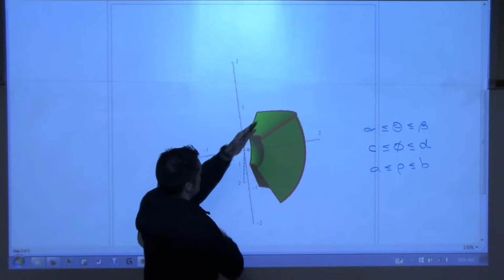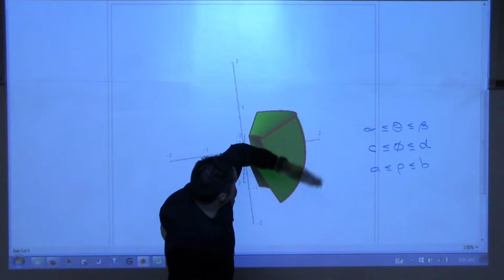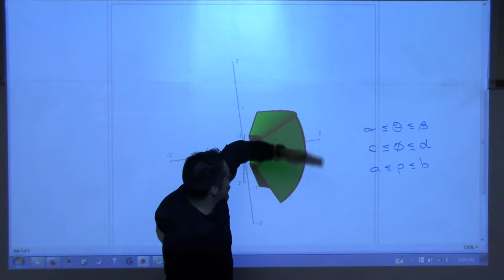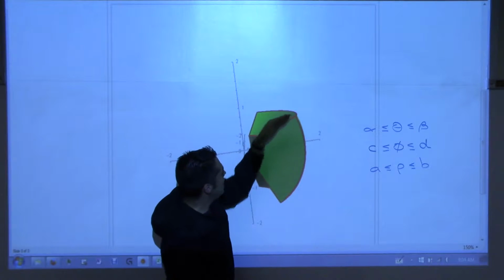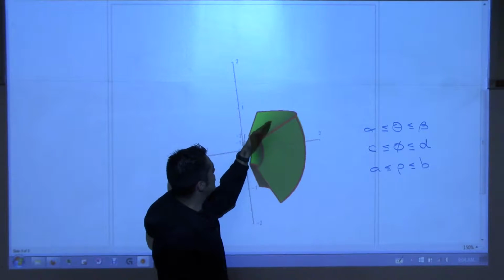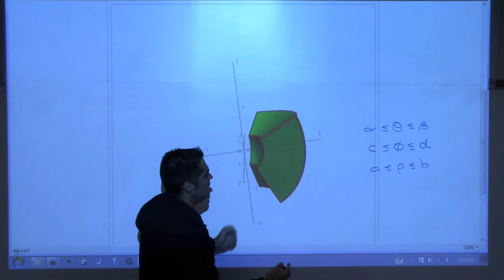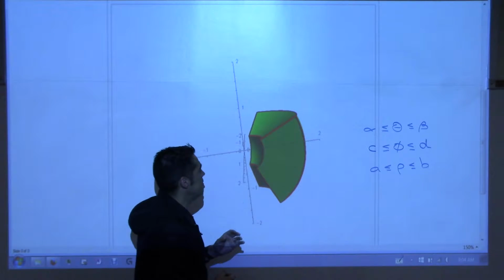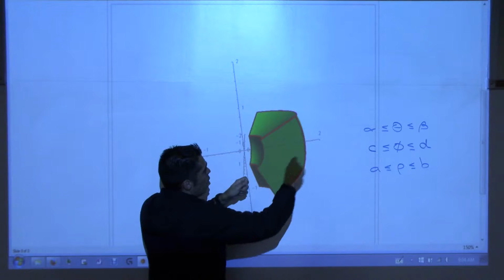So I'm allowed to get phi between C and D, and then theta is between alpha and beta. And then I let my rho be between A and B. So rho is how far out I walk.